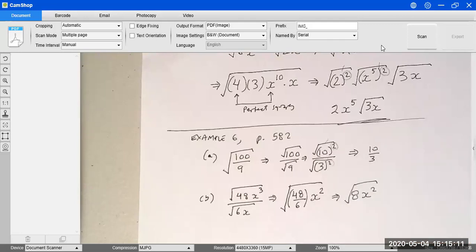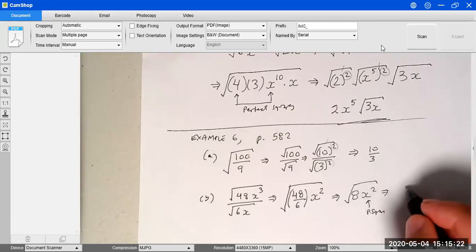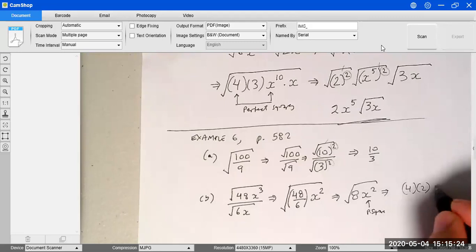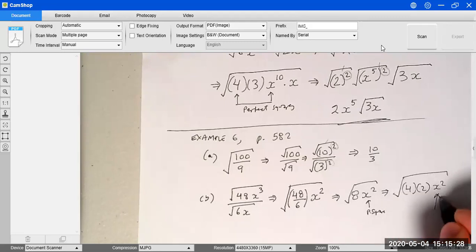So we only need to simplify this part, so we need to break the coefficient. This is already a perfect square, so we only need to break 8. 8 is going to be 4 times 2, then I have x squared. So again, this is a perfect square, this is a perfect square, so these are my perfect squares.